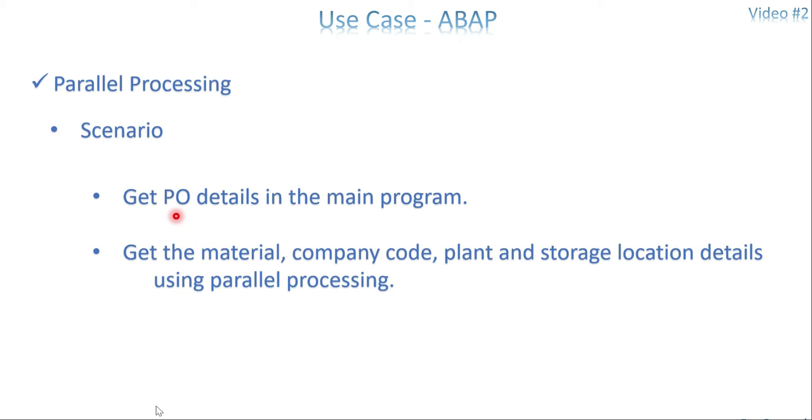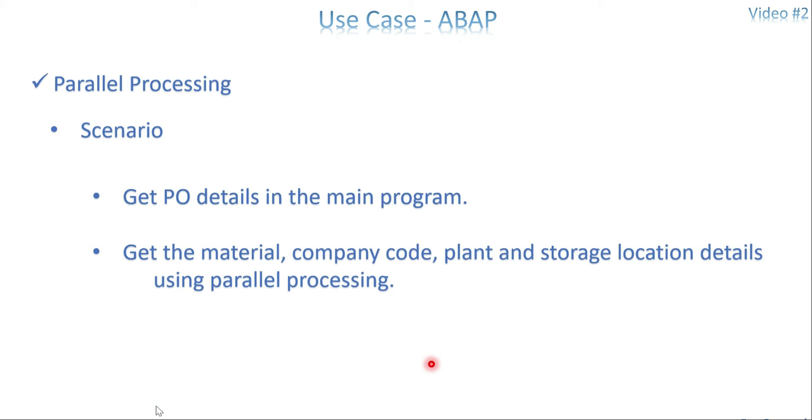So I'm going to manipulate the data using a do loop. I'm going to get the PO details, and my scenario would be to get the material description, company code description, plant description, and storage location description. So 4 different database tables I'm going to fetch in my parallel processing, and I'm going to map the information into a final internal table: material number, material description, company code and its name, plant and its name, storage location and its name.